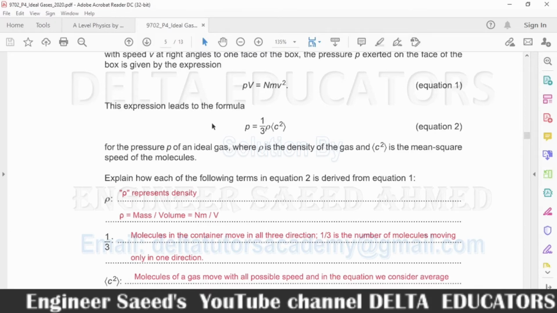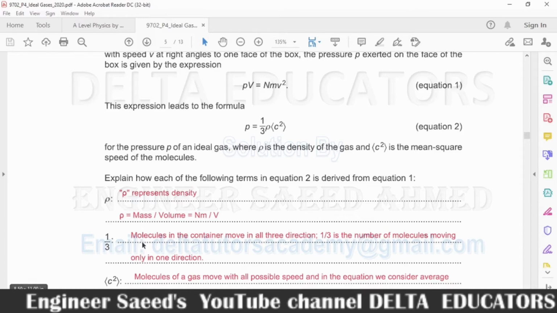So whatever molecules are in the container, they can be divided into three parts. That's why we consider 1 over 3 here. It means that if the total number of molecules is 1, then 1/3 will be moving along the x-axis, 1/3 along the y-axis and 1/3 along the z-axis.